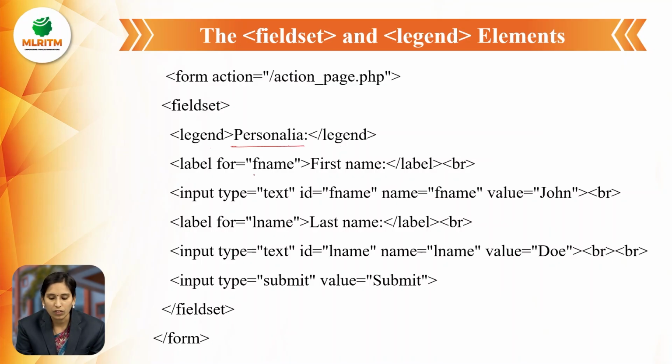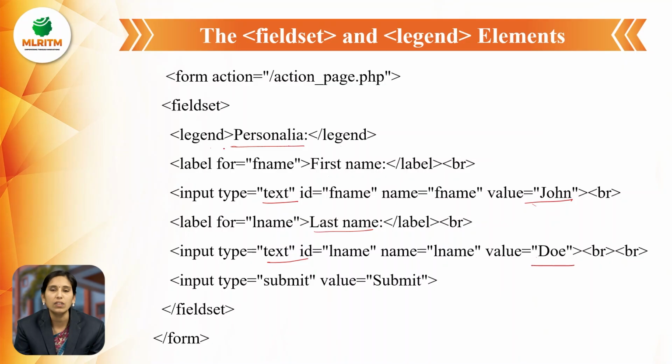Next, label for fname, first name, and input type equals text. We are using this text field. Next label is lname, last name, and here also we are using a text field. The values we have to give are John and Doe. Then input type equals submit button. Then fieldset close, then form close.